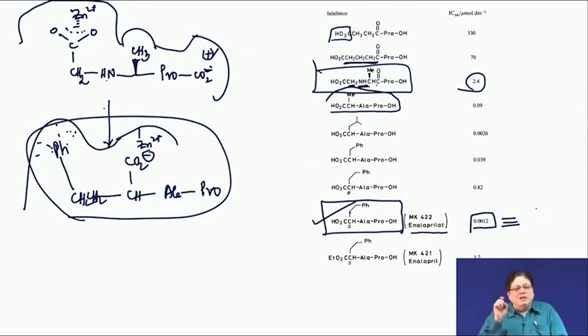However, there is still some twist left in the discovery process. What they found, once you have an inhibitor, you have to do the PK/PD studies. PK is basically ADME studies: absorption, distribution, then metabolism and excretion. This drug unfortunately is quite polar and it was not absorbed properly from the gastrointestinal tract.